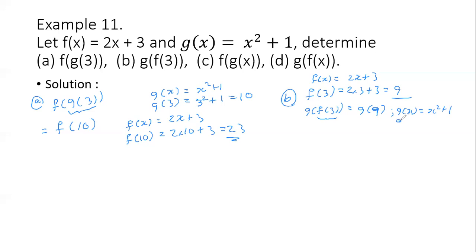Therefore, g of 9 is 9 squared plus 1. 9 squared is 81, plus 1 is 82. So g of f of 3 is 82.